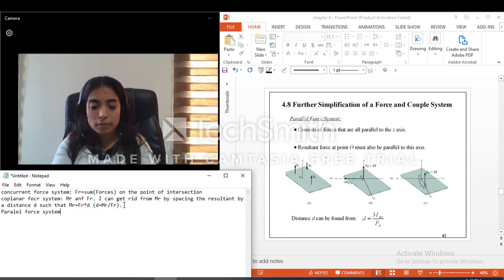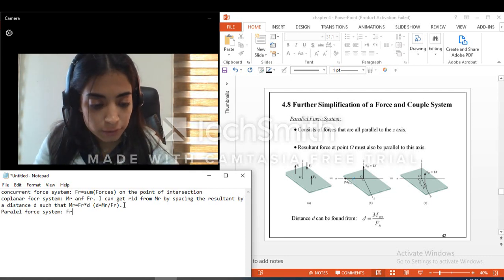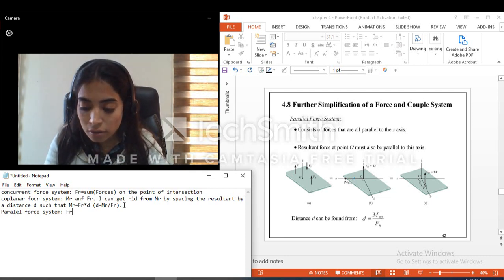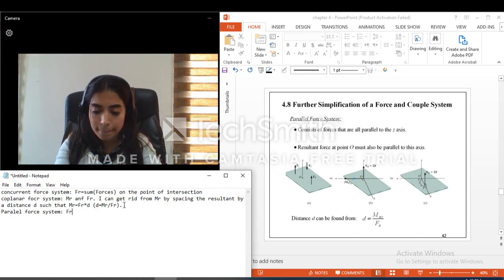So in the parallel force system, first of all, F resultant will be parallel to all my forces. So it will be parallel to F1, parallel to F2, parallel to all the forces.